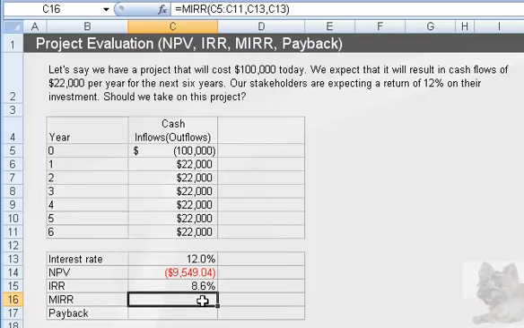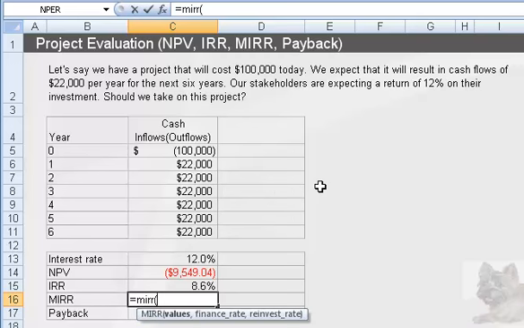Okay, then we can use the modified internal rate of return, which is like the IRR, only where the IRR assumes that any cash flows are reinvested at the IRR rate. The modified internal rate of return allows us to determine what the rate is, and we'll use the 12%. So in a lot of ways, MIRR is a superior technique. Okay, so the values again, we type all of those in there.